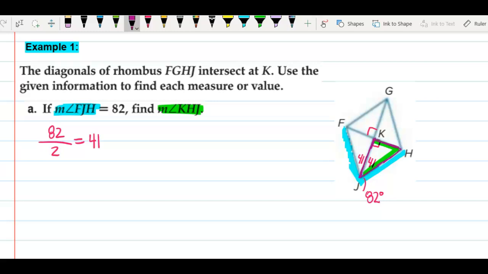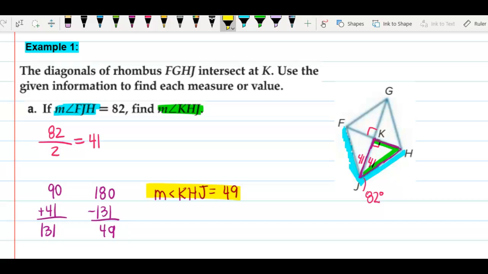The three angles of that triangle should add up to 180 degrees. So 90 plus 41 is 131, and if I subtract that from 180, I should get 49. So the measure of angle KHJ is 49 degrees.